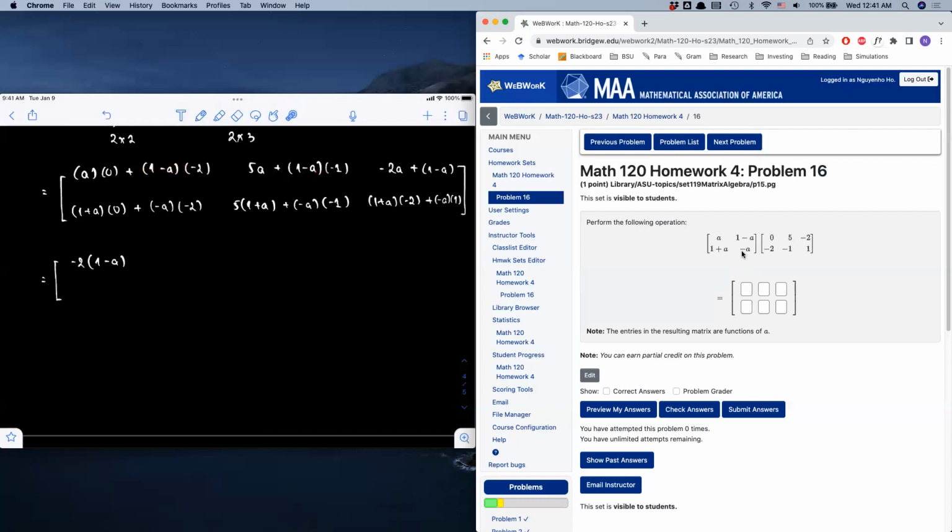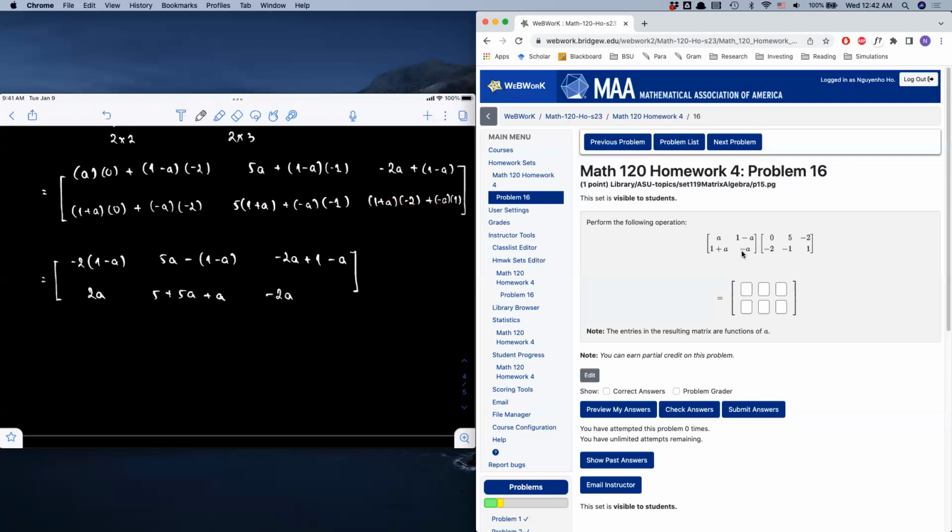This entry should be 5A minus 1 minus A. This calculation gives me negative 2A plus 1 minus A. And then this entry should give me positive 2A. Here I'm going to distribute 5 into the parentheses. So 5 plus 5A plus A. And here again, I do distributions as well.